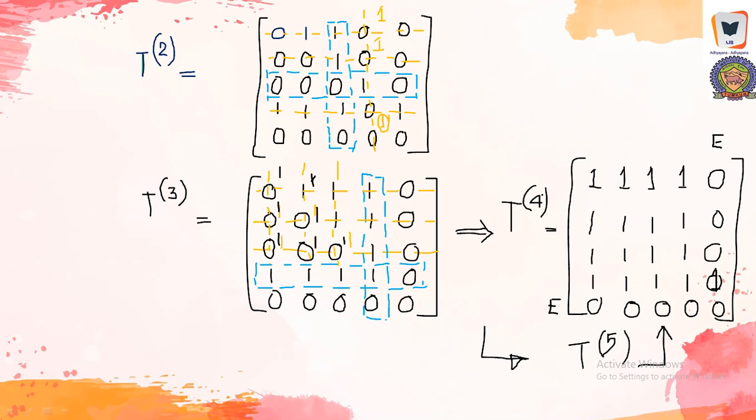Okay, therefore this is the matrix, and if we write like this, once again A, B, C, D, E, A, B, C, D, E. Now the meaning is there exists a path from A to A. It is not a trivial path.